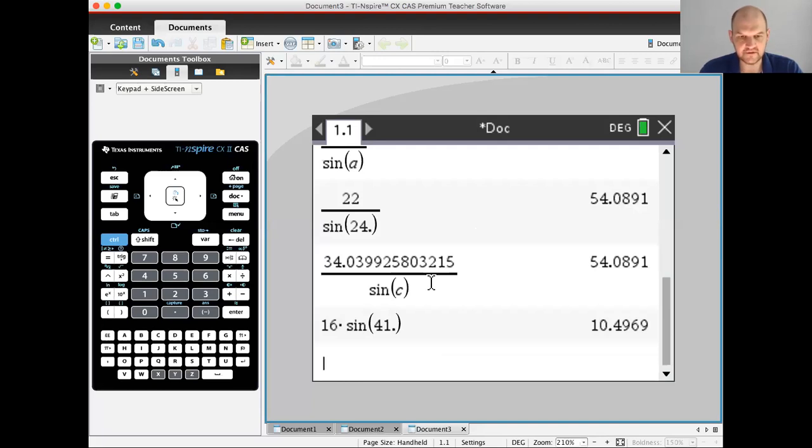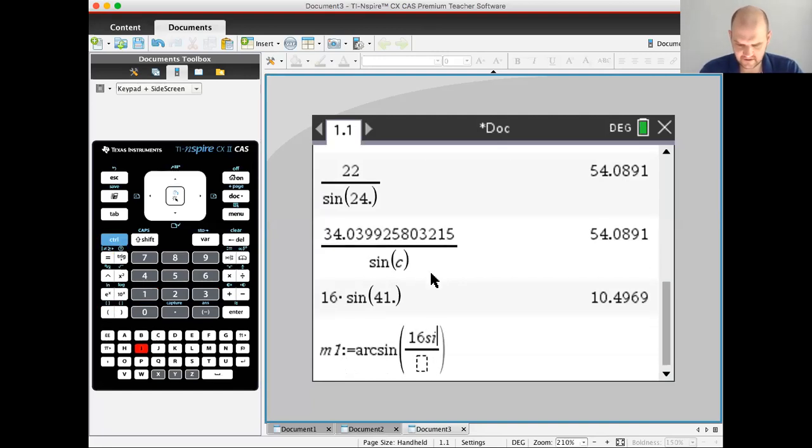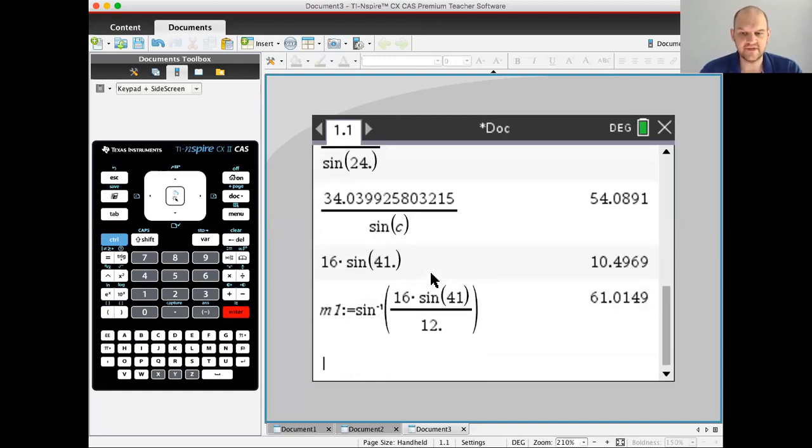I'm going to call the first version of M, M1. It's the inverse sine of 16 sine 41 over 12, and I'm putting a decimal to get a decimal answer. So I get 61.015.